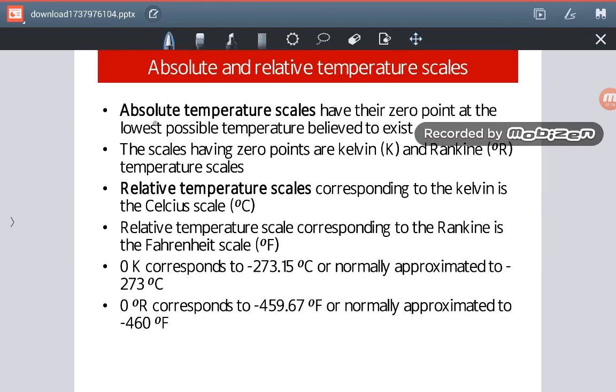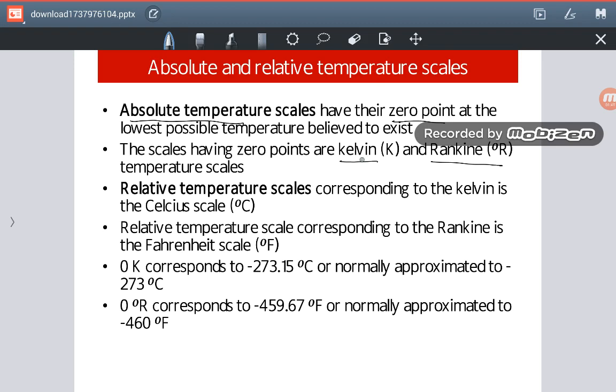When it comes to the absolute temperature, it has its 0 point at the lowest possible temperature believed to exist. This is based on the ideal gas law and the law of thermodynamics, in which 0 Kelvin and 0 Rankine is believed to be the lowest possible temperature ever to exist.